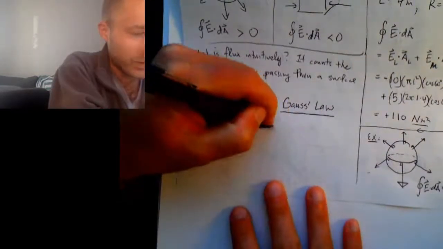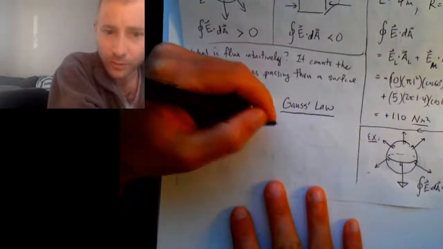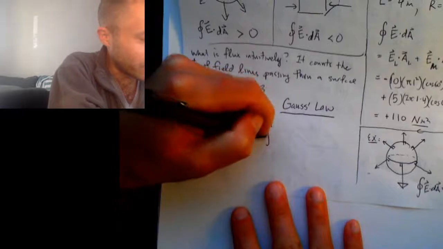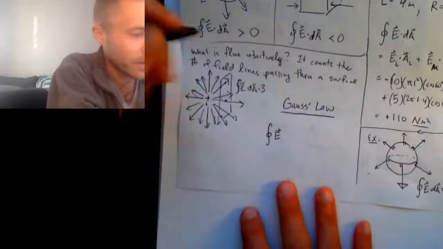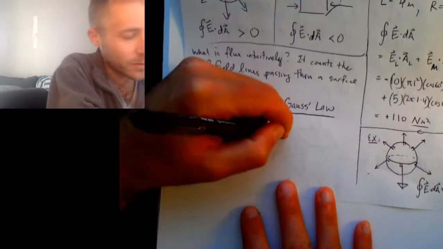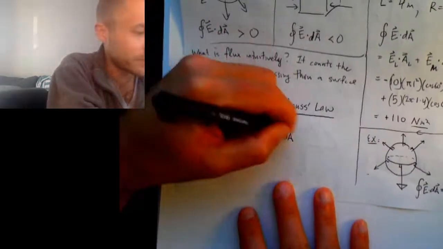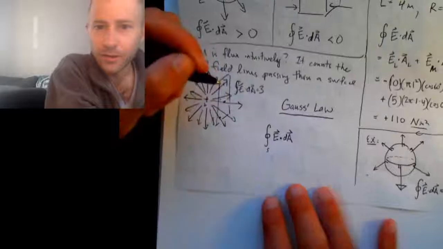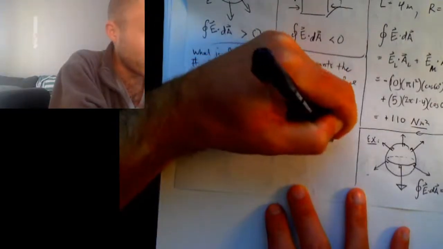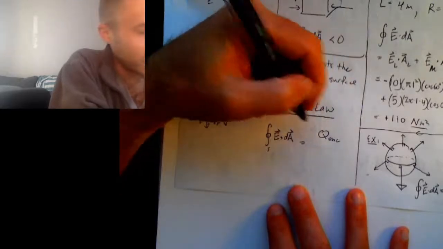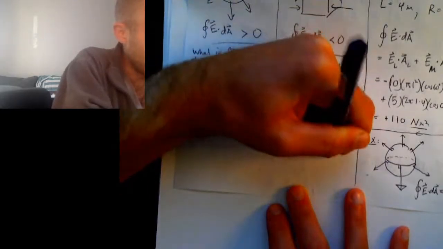What it says is that if you have a surface and you calculate the flux of the electric field through that surface, it is going to be equal to the charge enclosed by that surface divided by epsilon naught.